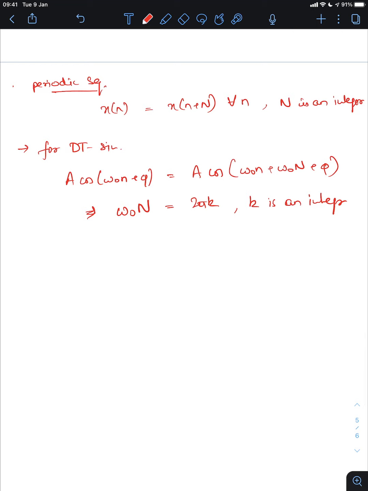And for complex exponentials, we have e to the power j omega naught (n plus capital N), and it would be equal to e to the power j omega naught n if omega naught N is equal to 2 pi k. Right? The same condition we require whether we consider discrete time sinusoids or complex exponentials.